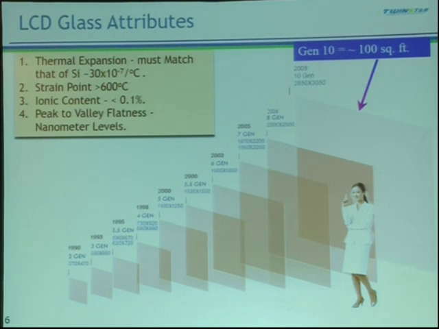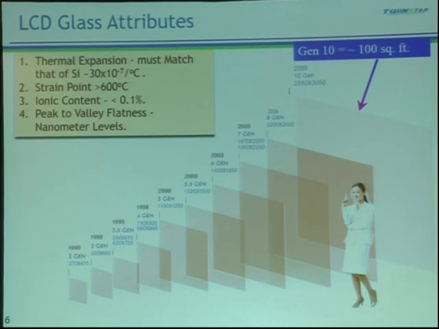Now, what are the requirements from glass? Why is this glass so important? The reason is that the glass must match the properties of silicon, which is the thin film transistor. The most important property is the thermal expansion coefficient of silicon, which is 30 × 10⁻⁷ per degree Celsius, and the glass must have a thermal expansion coefficient close to it.